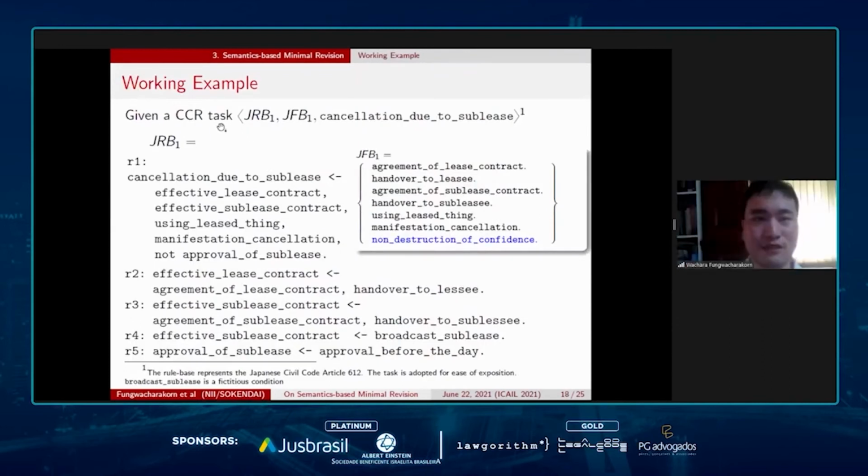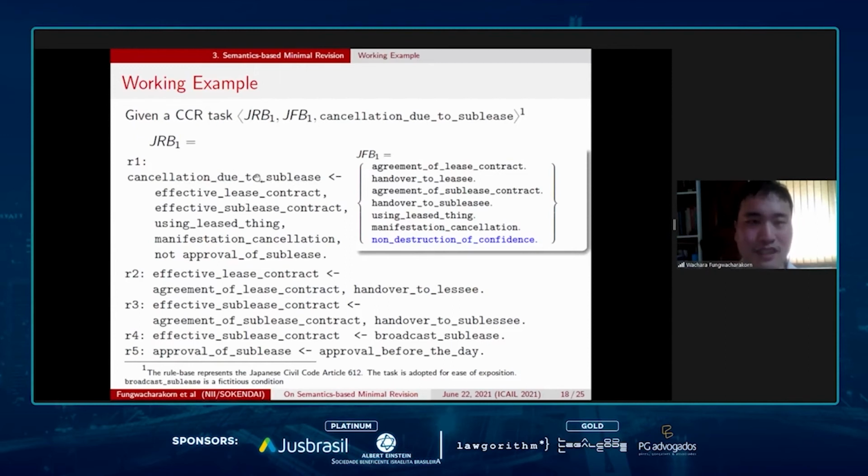So given a CCR task, let's say with the working example, a CCR task of JRB1, which is the rule-based representation of Japanese Civil Code Article 612, and this talks about the cancellation of the lease contract due to subleasing without permission.